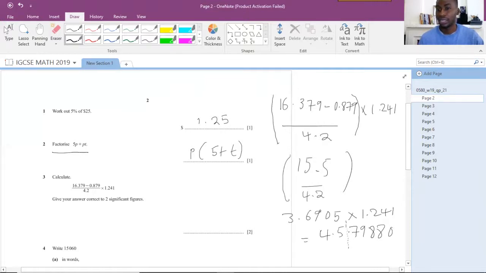The only thing that I have to do is round off, because this digit is 5 and greater than or equal to 5. So our answer will be 4.6, correct to two significant figures.